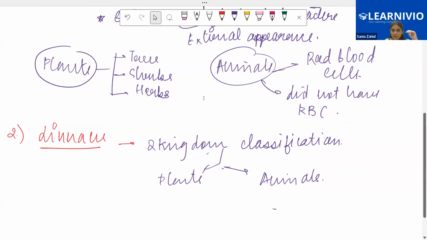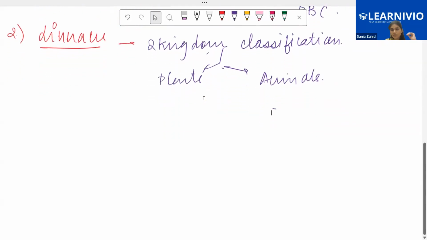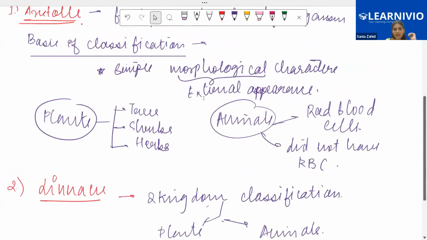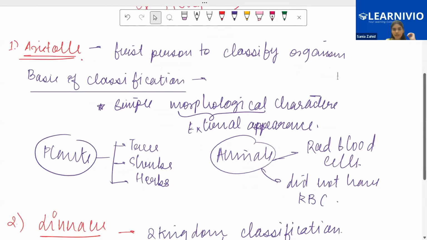Okay. So since I teach you very slowly, if you have any doubts at any point you want me to stop, I can, but please note down along with me as I teach. Okay. Yeah, please keep noting down. For this Aristotle, you can take a screenshot and leave some space, and then you can directly start with Linnaeus.